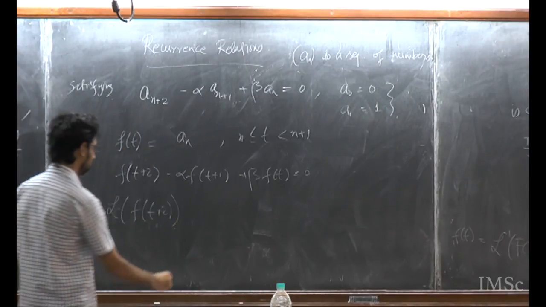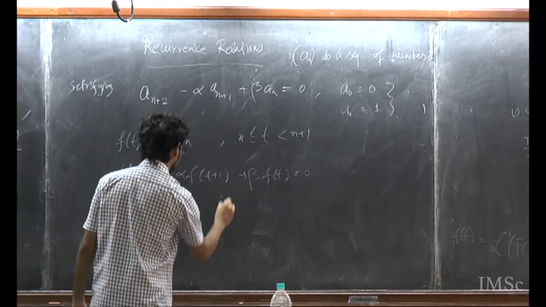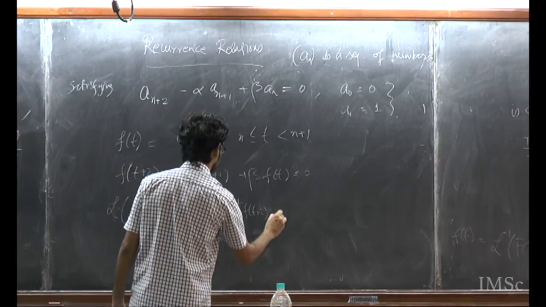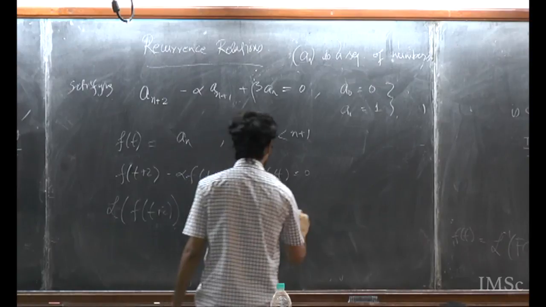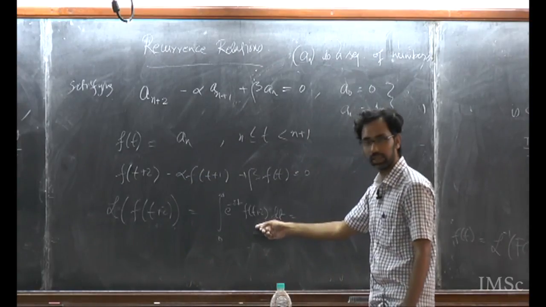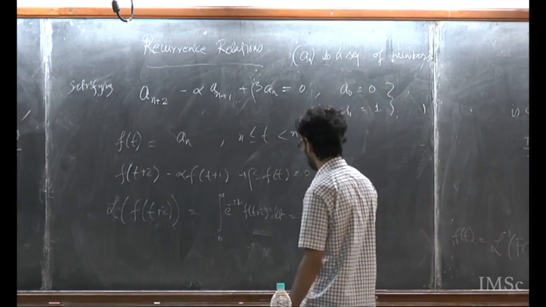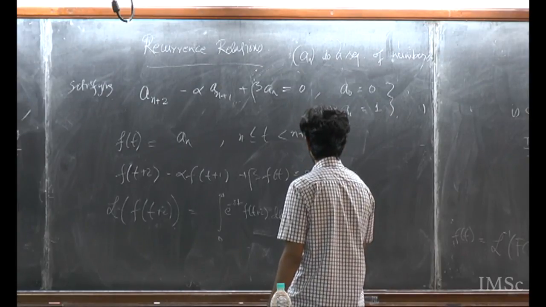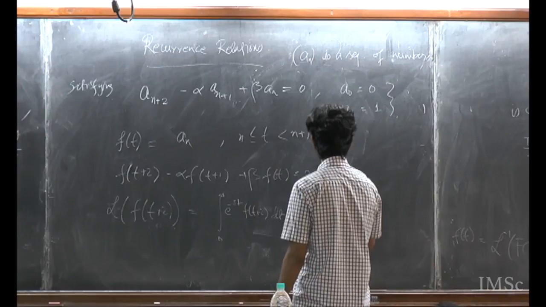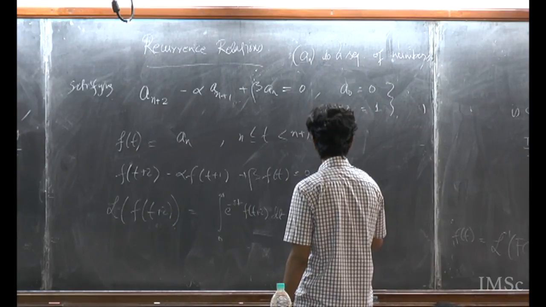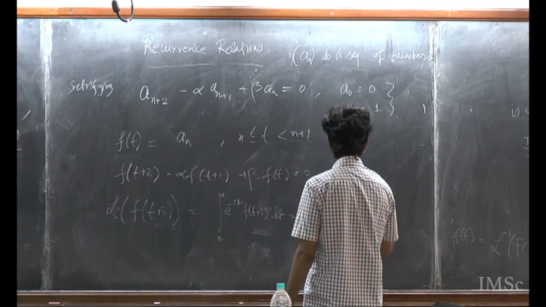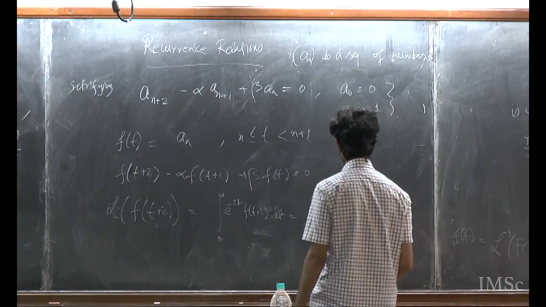Can we compute the Laplace transform? 0 to infinity e to the minus st f(t+2) dt. So just make a change of variables. What will you get? You get 2 to infinity e to the minus s(u minus 2) f(u) du.